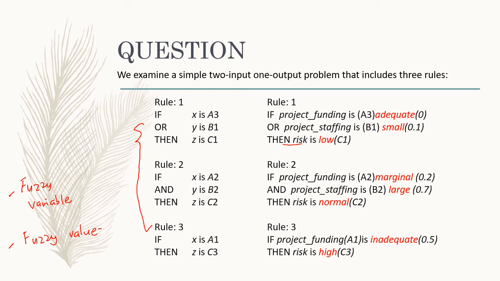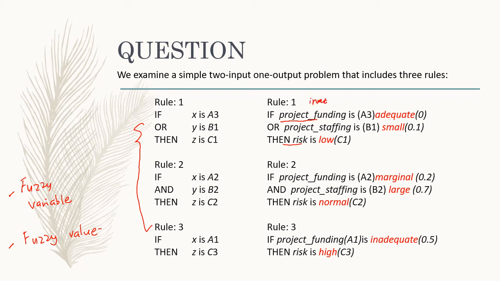What are they? The fuzzy variables would be project funding, represented by X, project staffing, represented by Y, and risk, which is Z. We know that these two, project funding and project staffing, are the input variables, right?